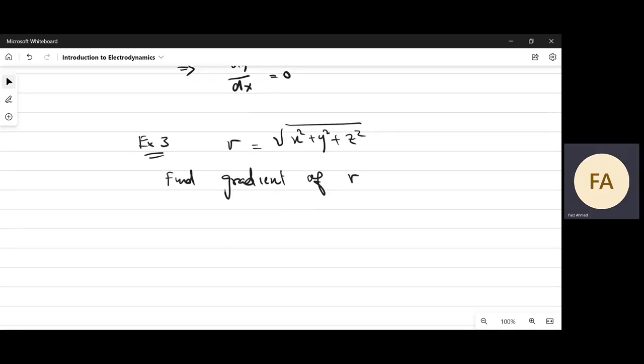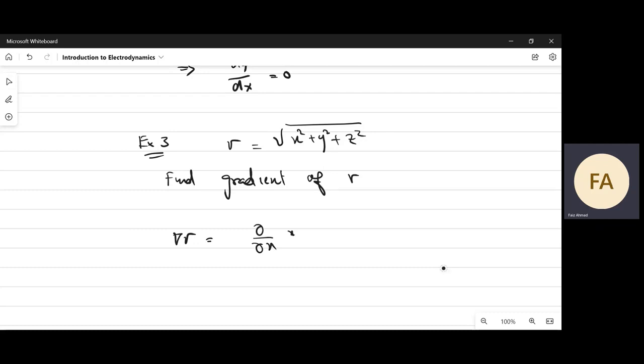So the gradient of r will be, in fact, we have to find del of r. Then del is an operator.